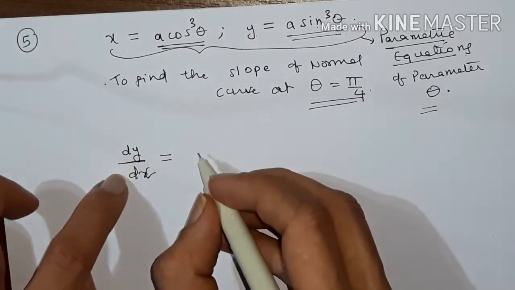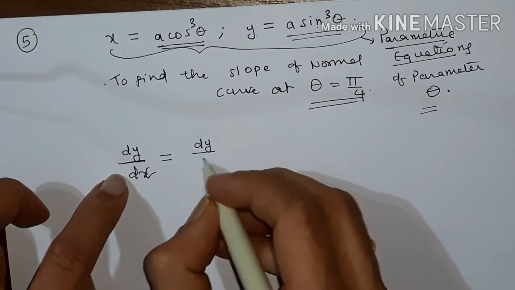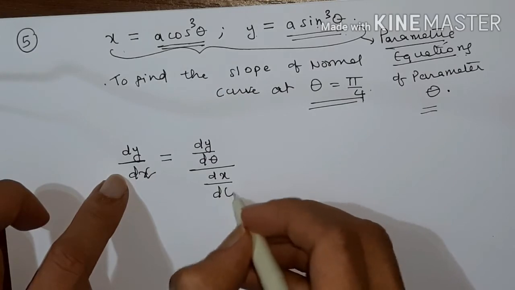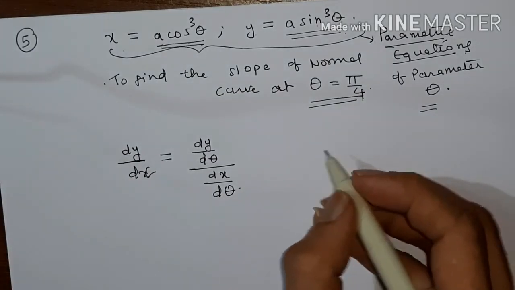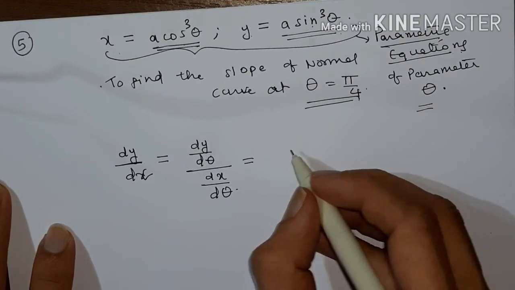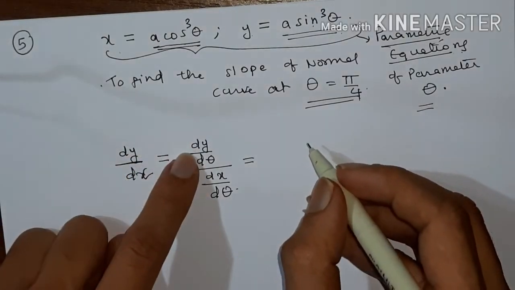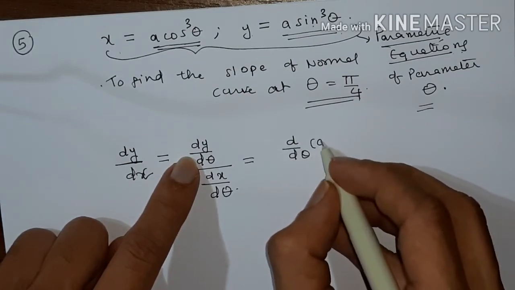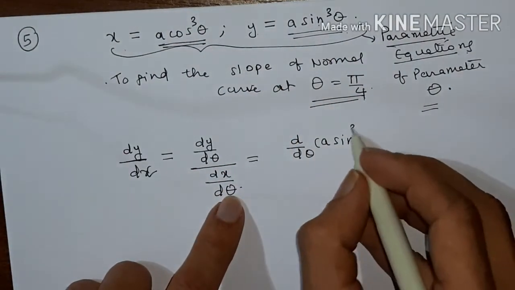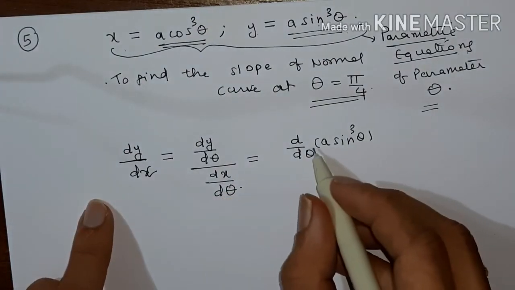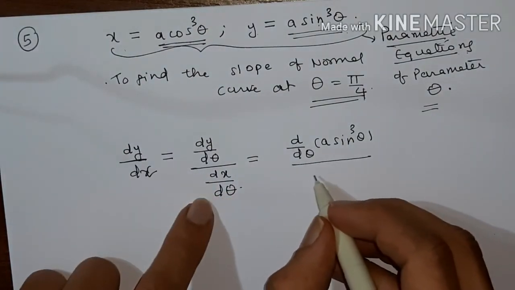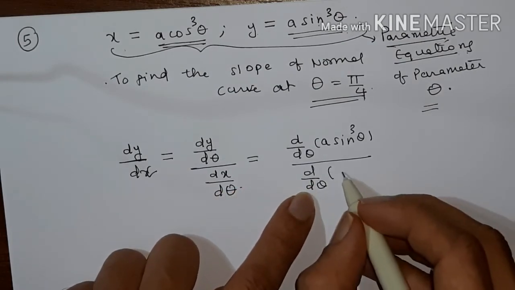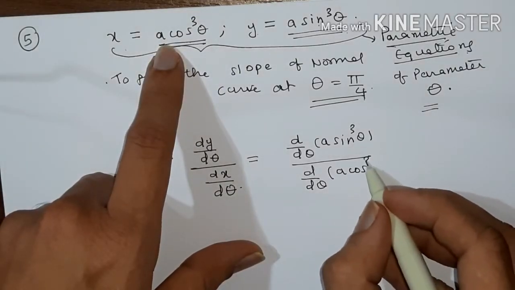We can write this as dy by d theta divided by dx by d theta. The derivative of y with respect to theta is the derivative of a sine cube theta, and dx by d theta is d by d theta of a cos cube theta.